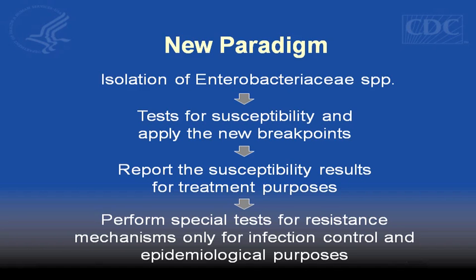For example, if you wanted to know what resistance mechanisms are occurring in your population, then you would do these special tests. So this is very different. Now we're telling laboratories that you don't have to detect every potential mechanism of resistance that a bacterial isolate has before the physician makes a treatment decision. And it's a difficult thing to get used to.